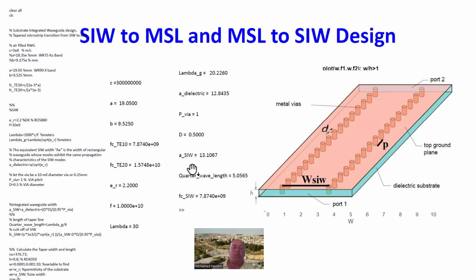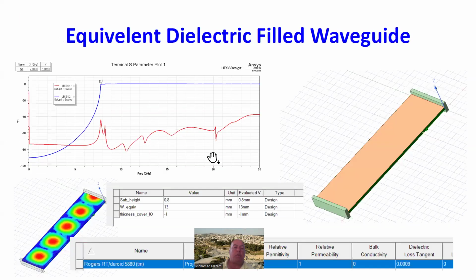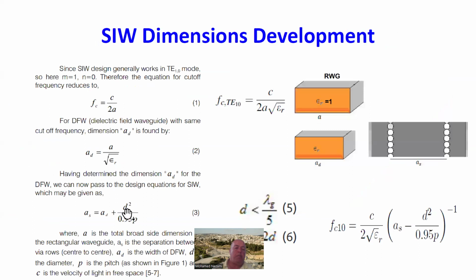But in this case, it turns out that the SIW dimension would have to be almost the same, because if you look at this equation in here, if the D squared factor becomes tiny, then almost the AS equals AD.